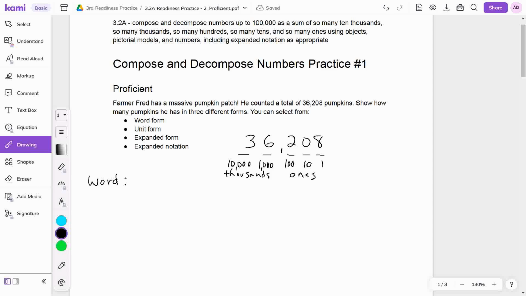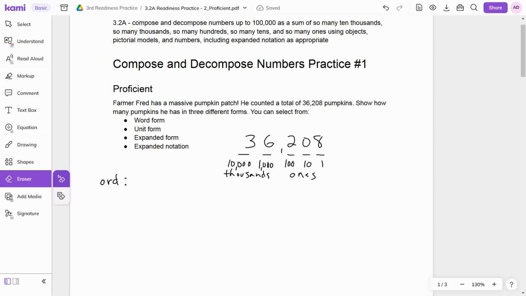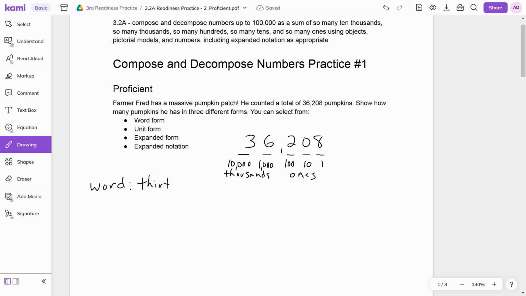And so what we want to do here is say the name of the family after we've read that number. So for example, 36. If we pull out that number 36, stopping at the comma, and say the name of the family or period, 36,000.